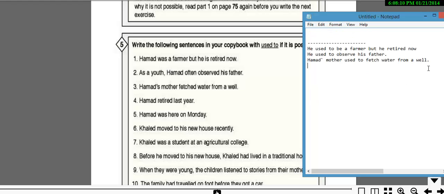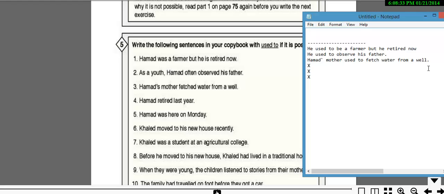Now, number 4, Hamid retired last week. No, you cannot change it because it's last week. It's a one-time activity in the past. Hamid was here on Monday. That's the same. He's not there every Monday, so it was just one Monday. Khalid moved to his new house recently. It's also a one-time activity. He's not moving to a new house all the time.